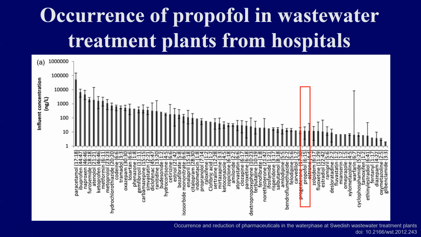And you can see that many other medications have concentrations that are more than 10,000 times more. And it's quite remarkable that we read a lot about potential harm from propofol on aquatic life, but nothing about potential harm of ibuprofen, for instance, or paracetamol.